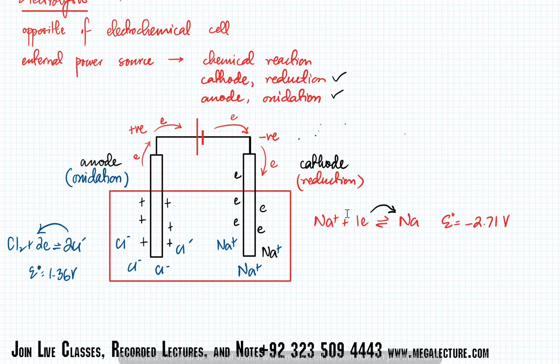Cathode पे whoever's there, it's going to gain electrons. No matter what the potential is, negative or positive, it's going to gain electrons. It's got no other choice.